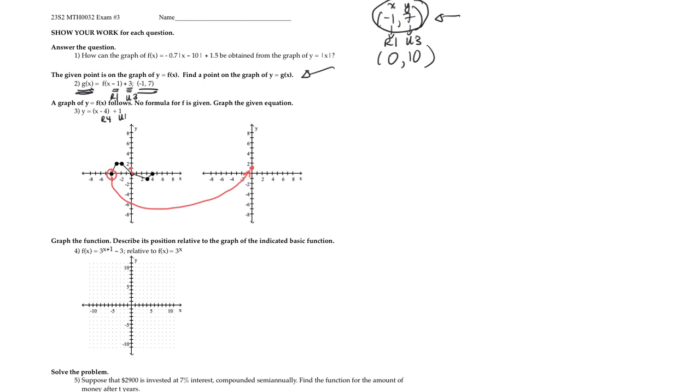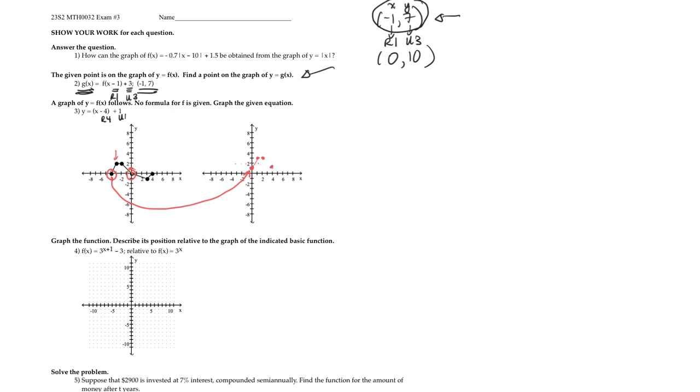Okay, the next point, I have to go right 4 and then up 1. Starting at -3, 2, if I go right 4, 1, 2, 3, 4, and up 1, that puts me right there. And then the next one would be right there. Let's do this one. If I go over 4 and up 1, it'll be right there.